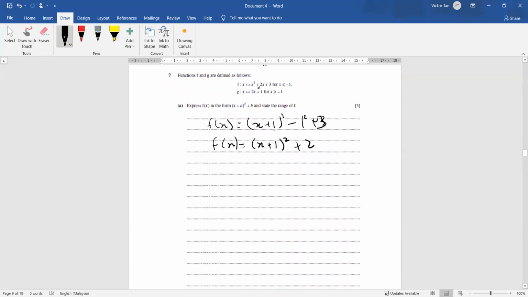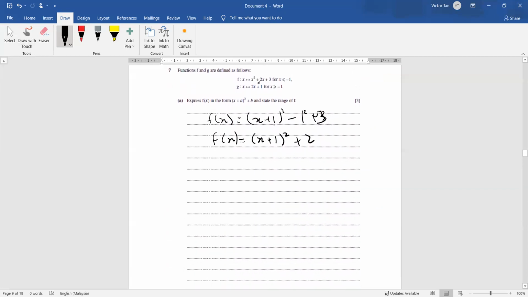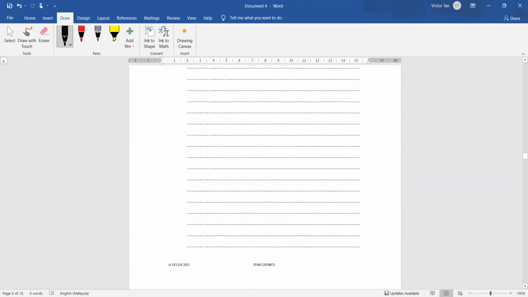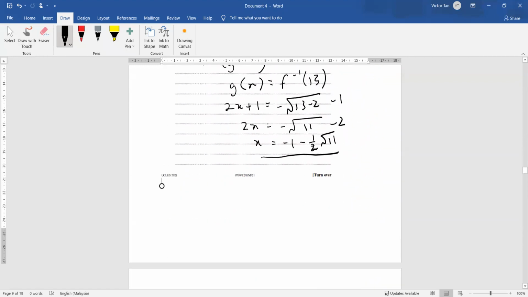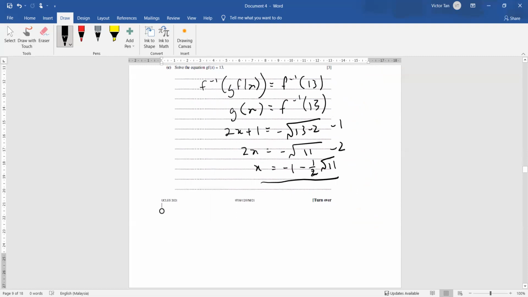I'll show you. G of x, 2x squared plus 2x plus 3. So it will be x squared plus 2x plus 3, 2x squared plus 6 plus 1 plus 7 minus 13 minus 6 equals 0.